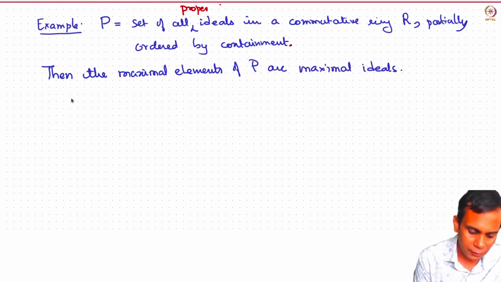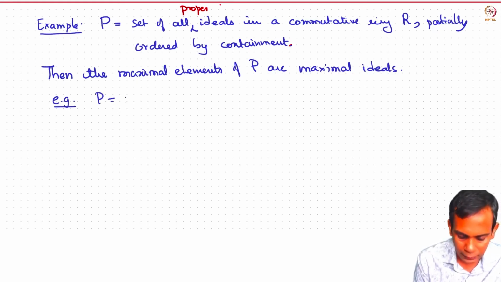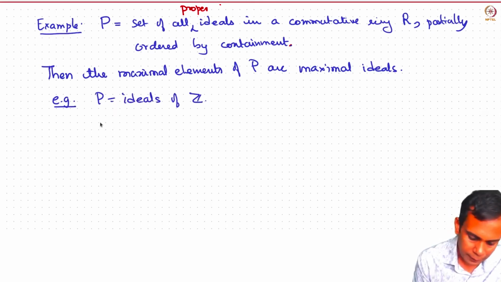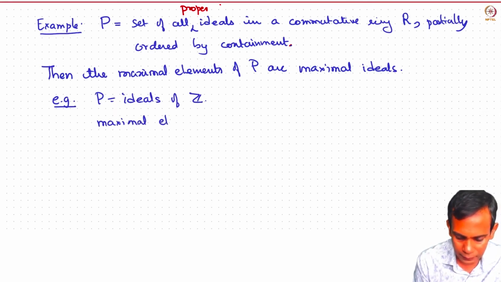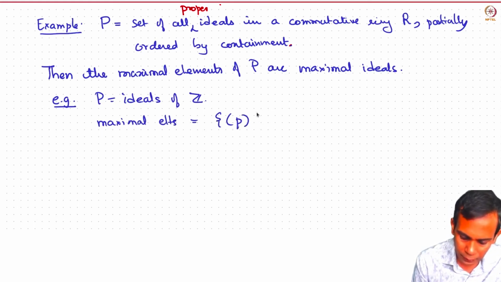More specifically, if I take P to be ideals of Z, then maximal elements are the ideals generated by primes.